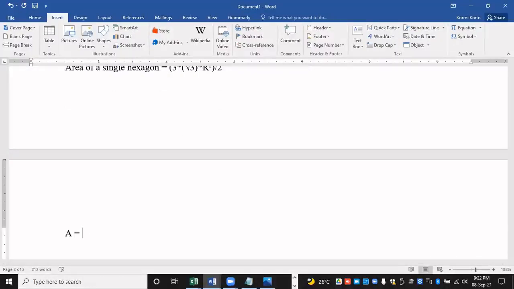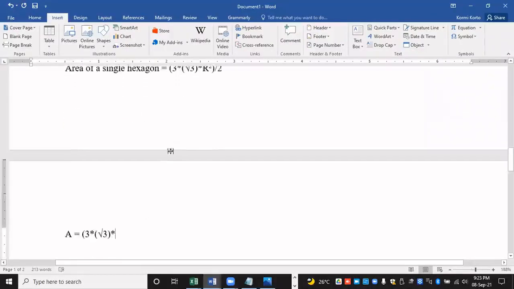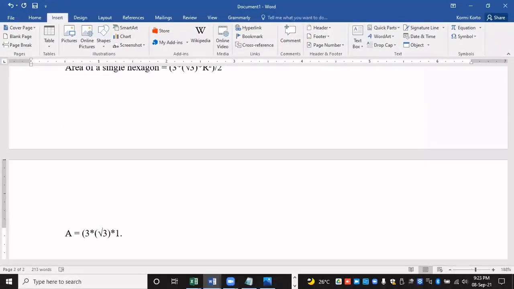So A equals 3 times the square root of 3, times r, which is 1.8 kilometers. So it's 1.8 squared, all of this divided by 2.